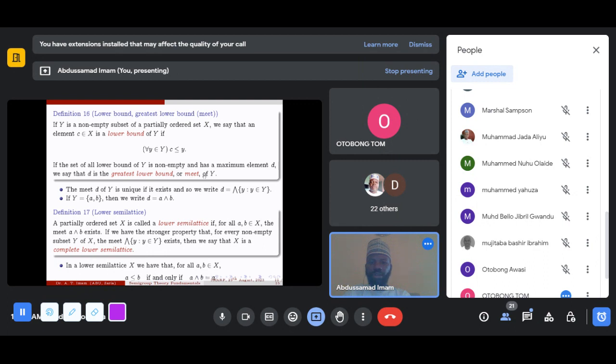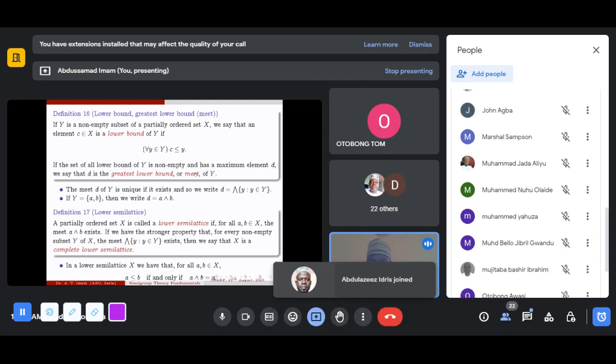We say the meet of Y. So when we say meet of Y, we are referring to the greatest lower bound. And the meet, in other words the GLB of a set Y, is unique if it exists. You cannot have two different GLBs or meets. And so we can write it as the meet. This notation is justified because it is unique.